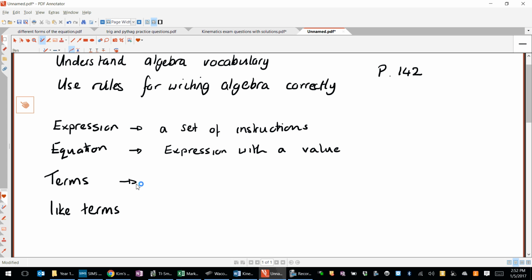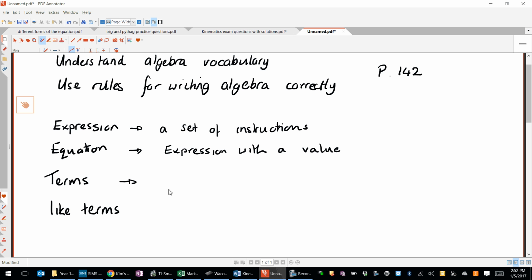I would say a term is, well, in an expression you might have more than one instruction.